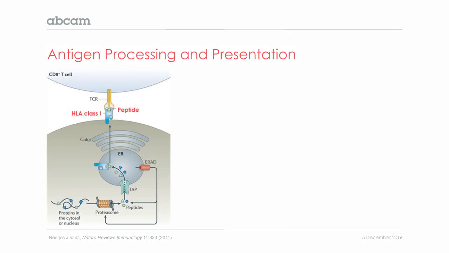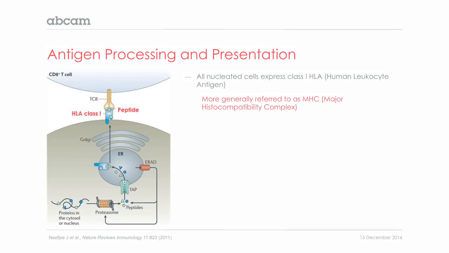So we are interested in targeting something called antigen processing and presentation. All nucleated cells in the body express class I HLA, or human leukocyte antigen, and this can more generally be referred to in other species as MHC, or a major histocompatibility complex.